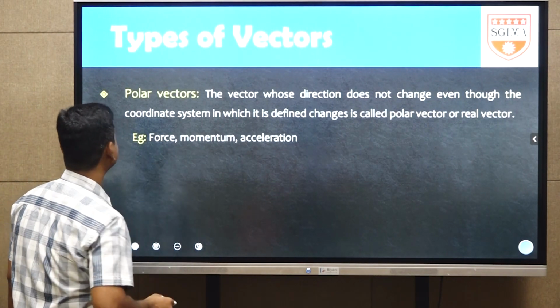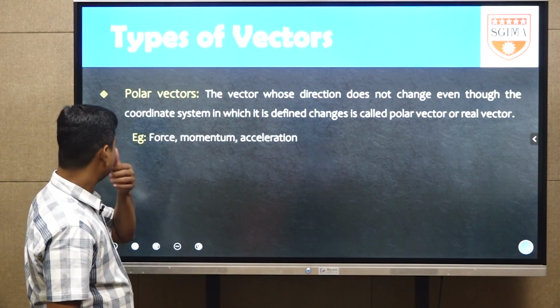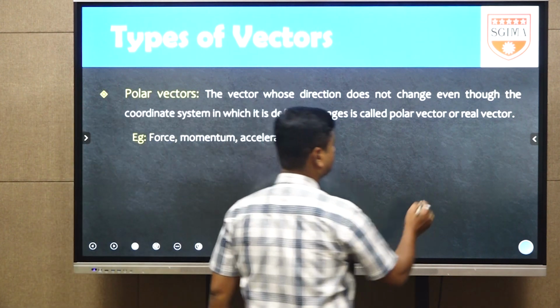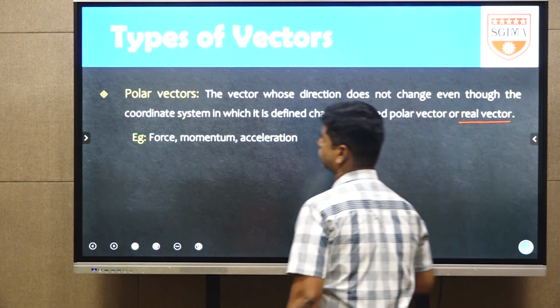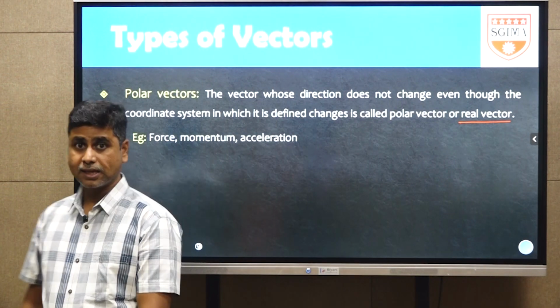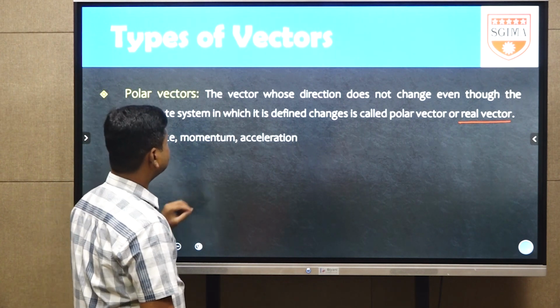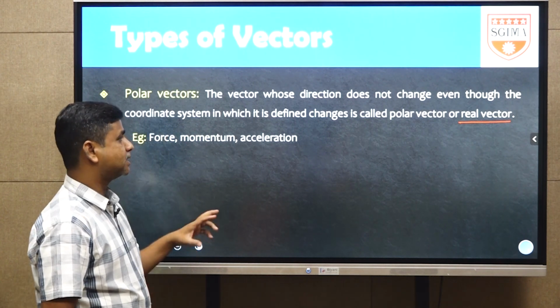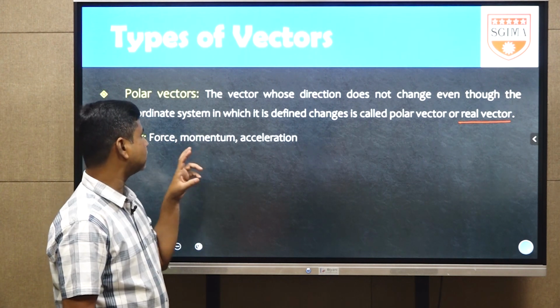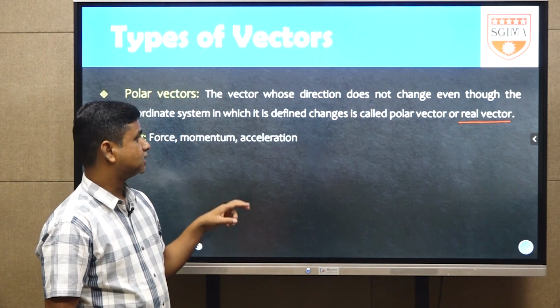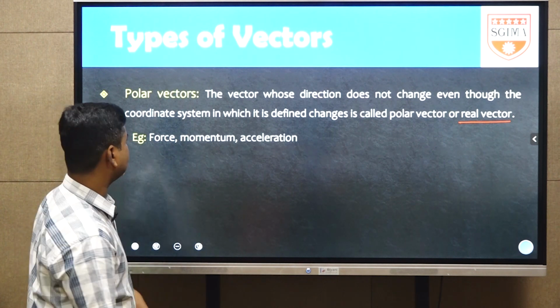The next vector is the polar vector. Another name for the polar vector is the real vector. What is the polar vector? The vector whose direction does not change even though the coordinate system in which it is defined changes is called a polar vector or real vector.